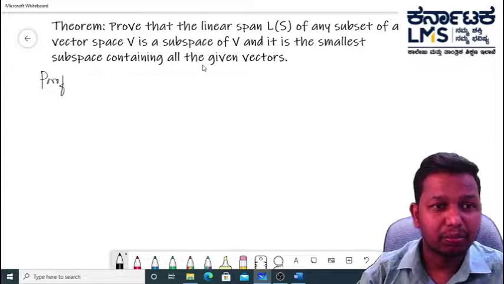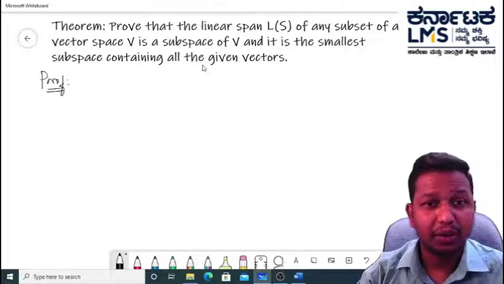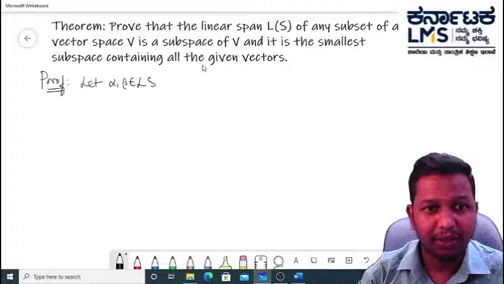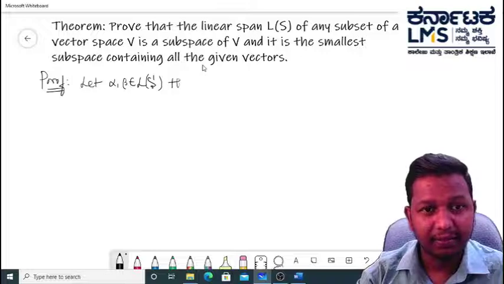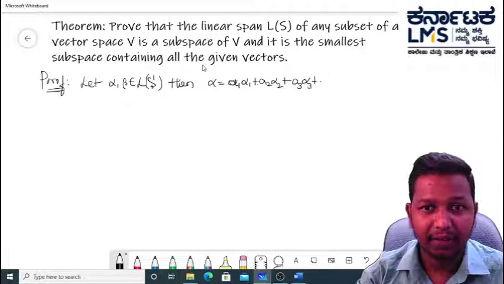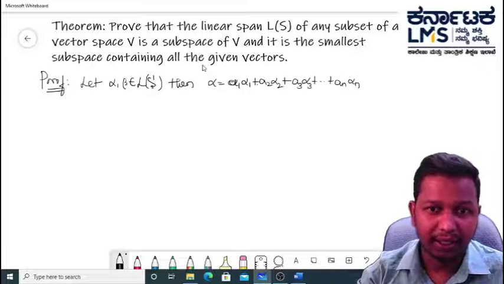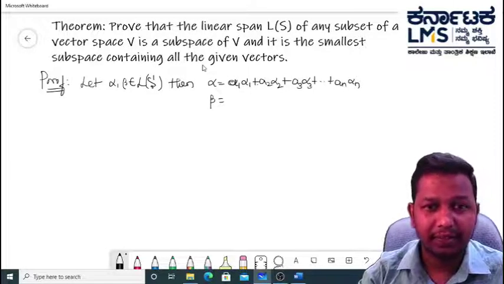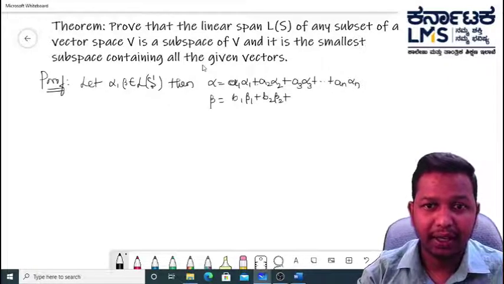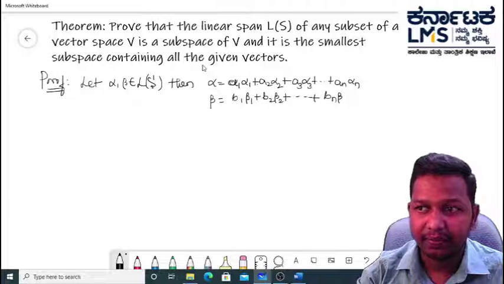Let's see the proof of the theorem. I choose two elements from L of S, that is alpha and beta belong to L of S. Then alpha can be written as A1 alpha 1 plus A2 alpha 2 plus A3 alpha 3 and so on, An alpha n, and beta I take as B1 beta 1 plus B2 beta 2 and so on, Bm beta m.